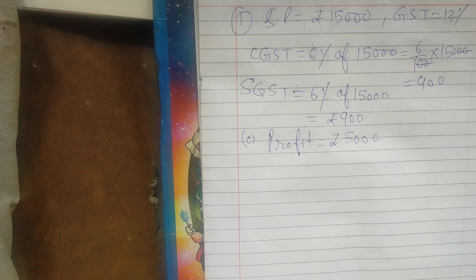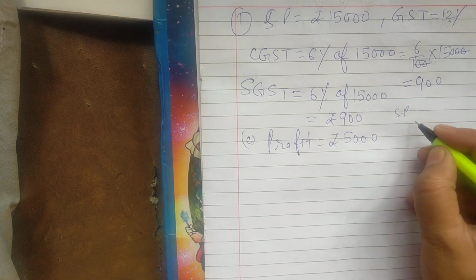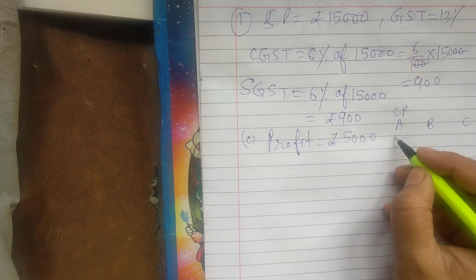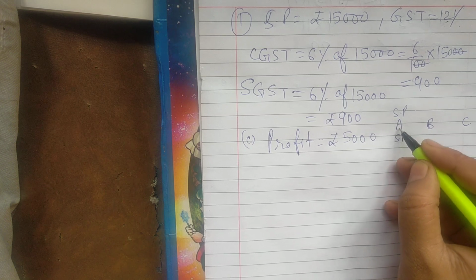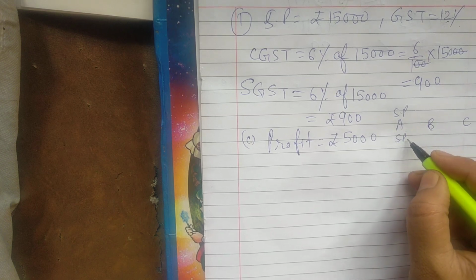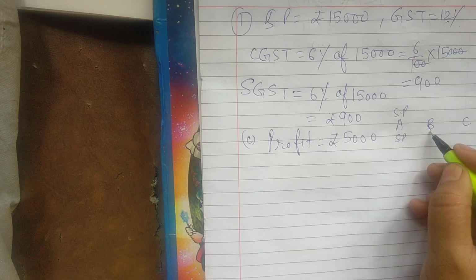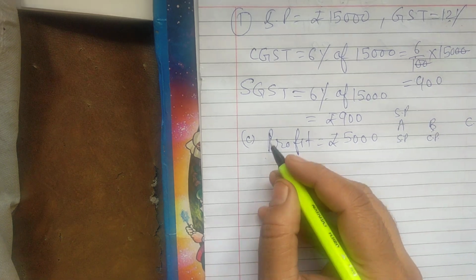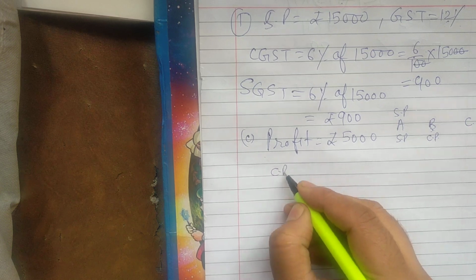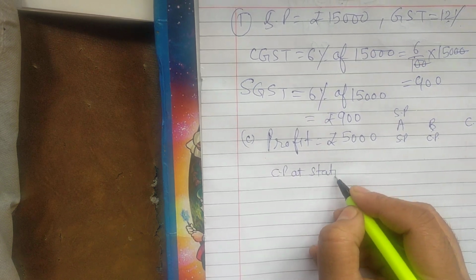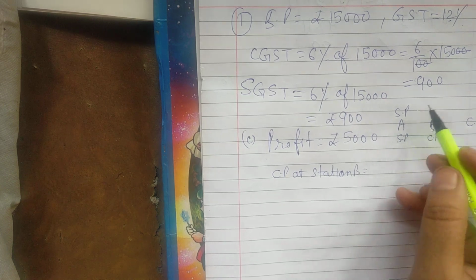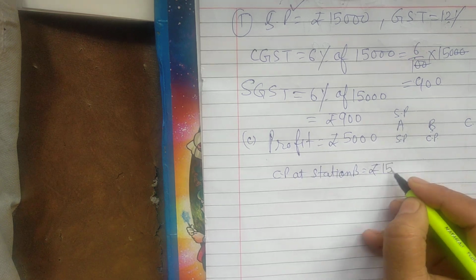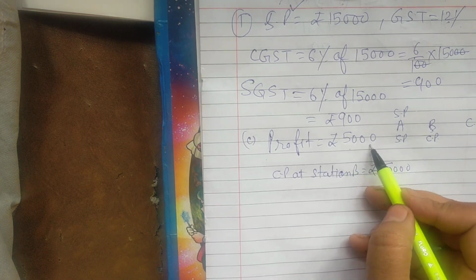Let me clear this to you. Here is some confusion. So SP at station A, then B, C is given. If A is selling to B, the selling price of A will be the cost price for B. So the C part is written here, CP at station B. So it will be 15,000 because SP is given. Profit is of 5,000.